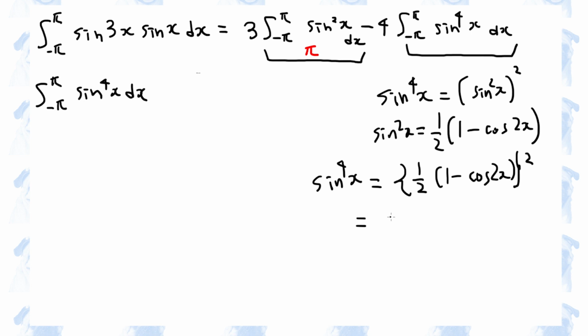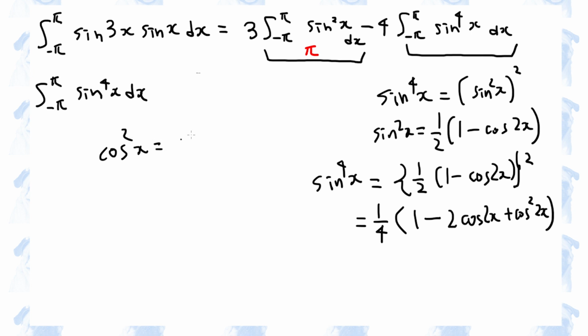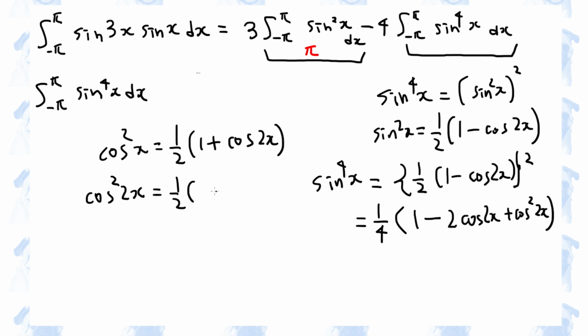And this is equal to 1/4 times 1 minus 2 cosine 2x plus cosine 2x squared. Cosine x squared is 1/2 times 1 plus cosine 2x. So cosine 2x squared is 1/2 times 1 plus cosine 4x.